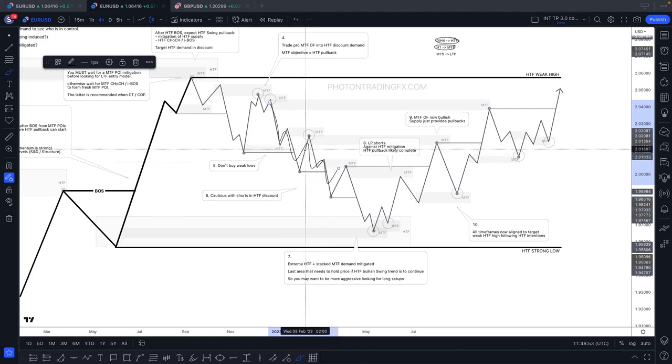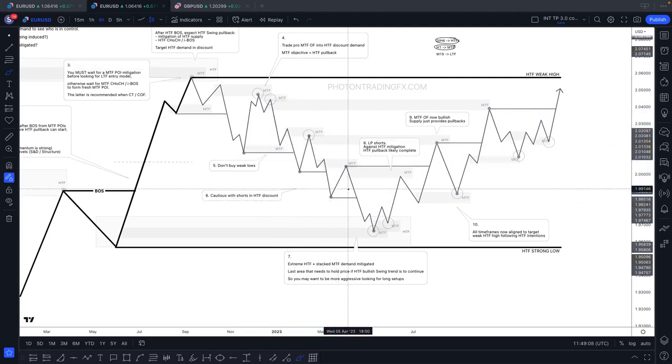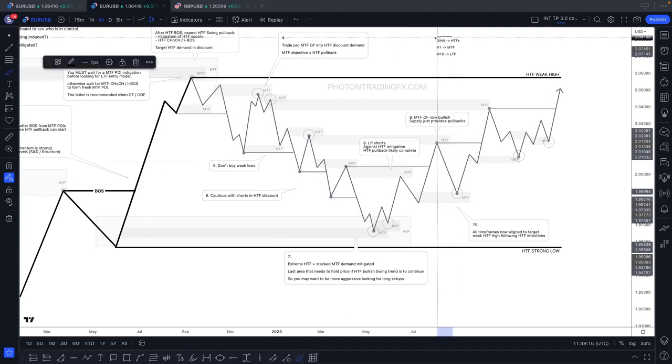There's not enough H4 price action to develop to assume that M15 is inside that H4 POI. So what I'm trying to say is you can just follow the M15 order flow a lot of the time with your current strategy on M1, and it's the same for this one. I can still follow this H1 order flow a lot of the time, even though it's not inside the H4 POI.